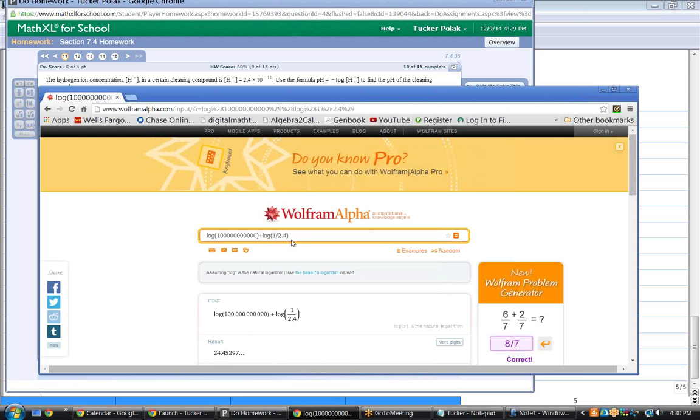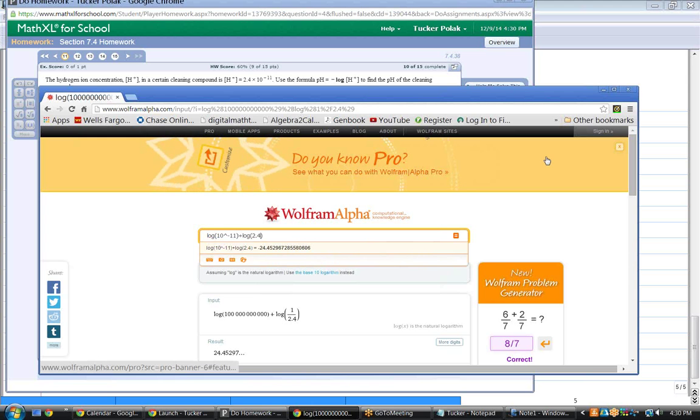So let's see. We want the log of, well, let's just make that 10 to the minus 11, which has got to be minus 11, right? There's the log of 10 raised to the minus 11th power plus the log of 2.4 to the negative 1 power.